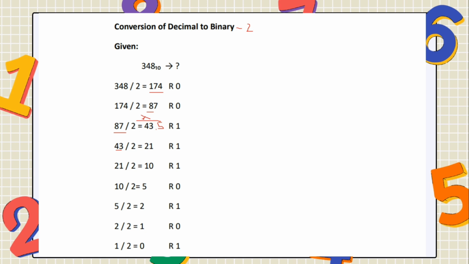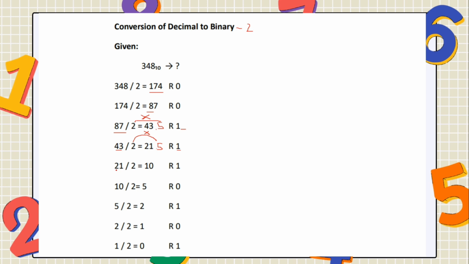I-times lang ning duha. 2 times 0.5 equals 1. That's why 1 dire. So, padayon 43 divided by 2, 21 again. 21.5. So, since divide na, times naman siya. So, 1 answer.